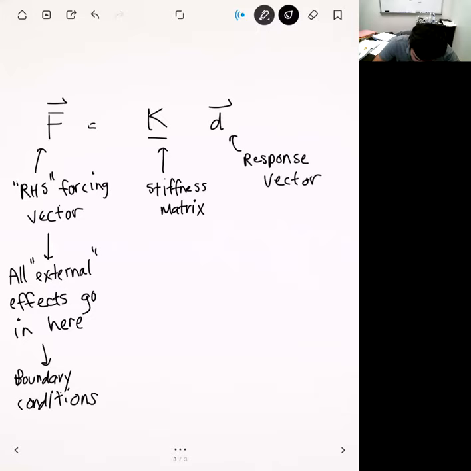For the stiffness matrix, let's take a minute and list out all the quantities that go into the stiffness matrix. This is universal. We looked at springs, truss elements, and beams. So we have constants like spring constants. We have Young's moduli.